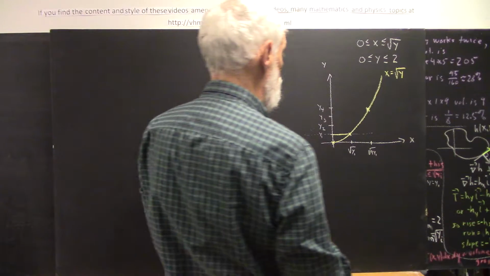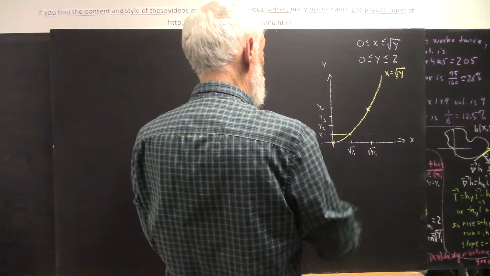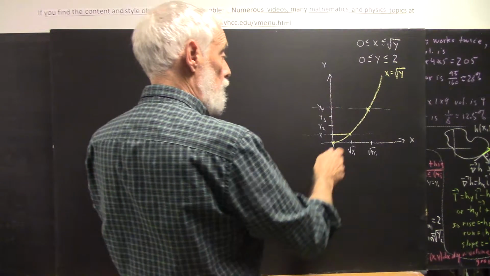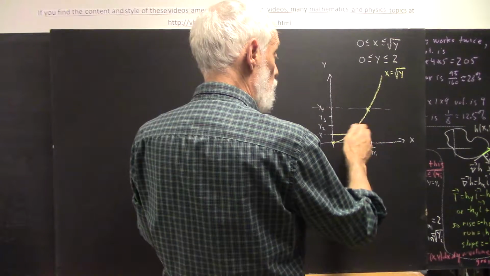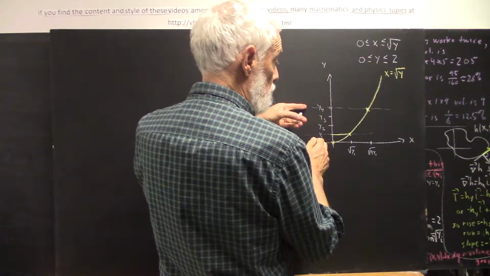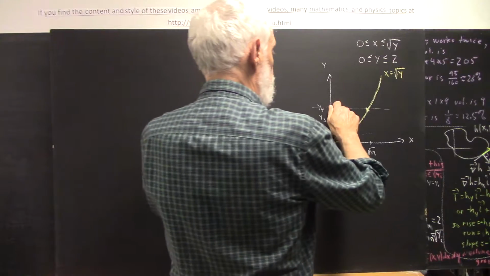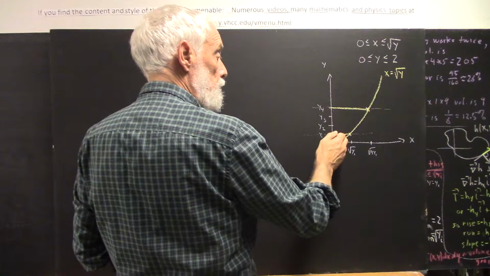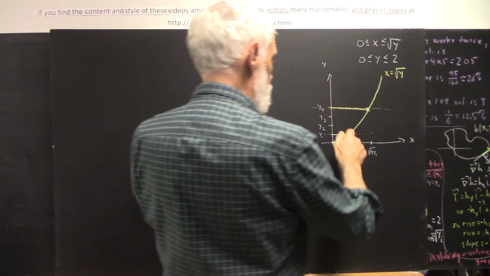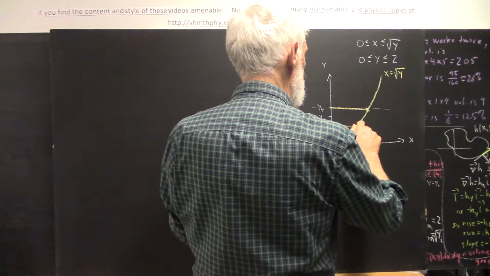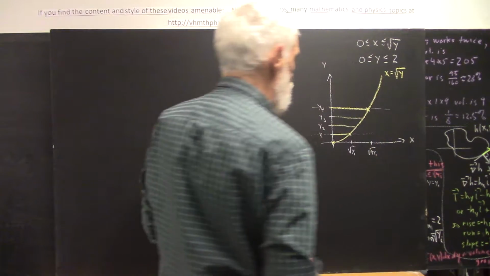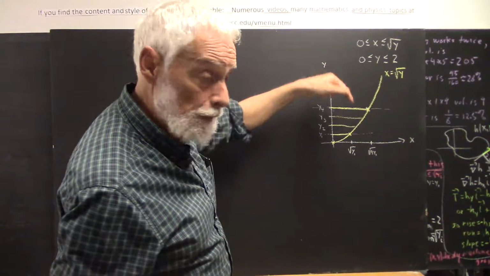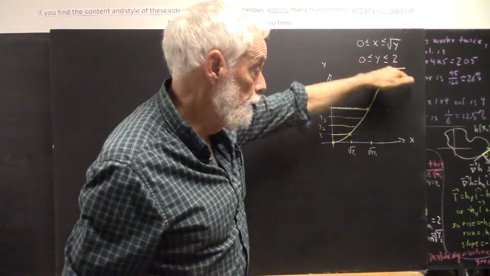Okay, if I go to y value y4, the x values run from 0 to the square root of y4, y4 being 4 times y1 by our assumption. Then the x values can change from 0 to a value twice as great as this one. Similarly at y2 or y3, the x values go from 0 out to the square root of whatever that is. And this curve gives you the x equals square root of y.